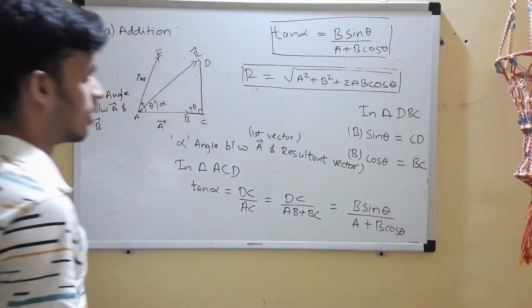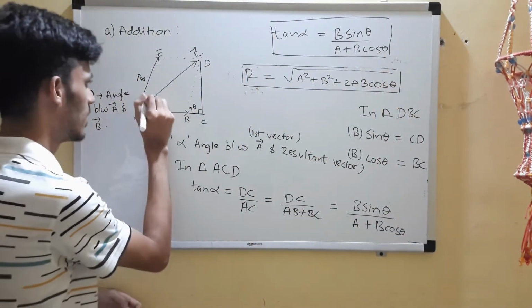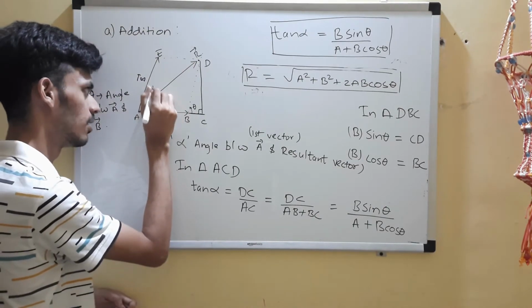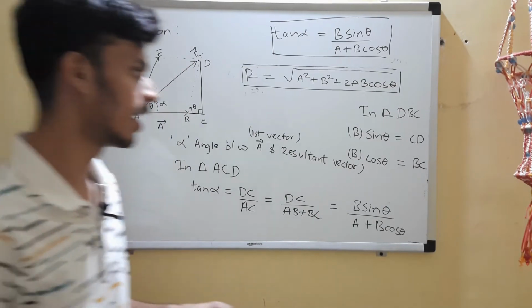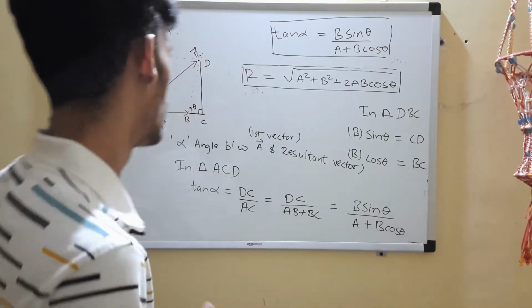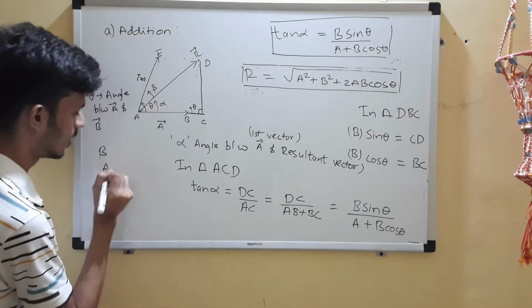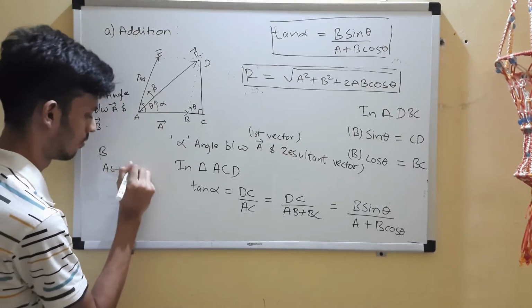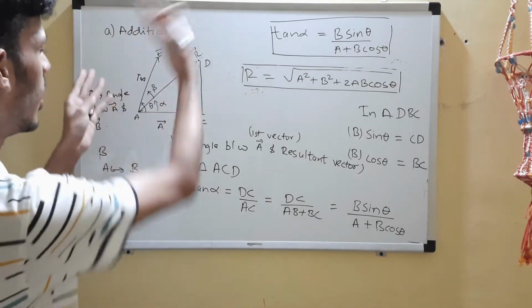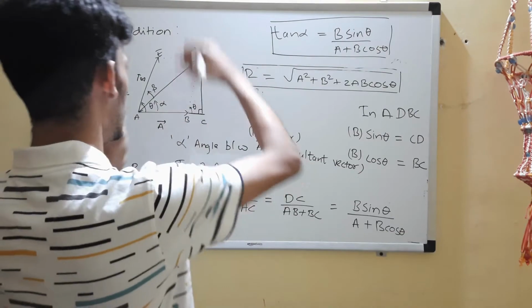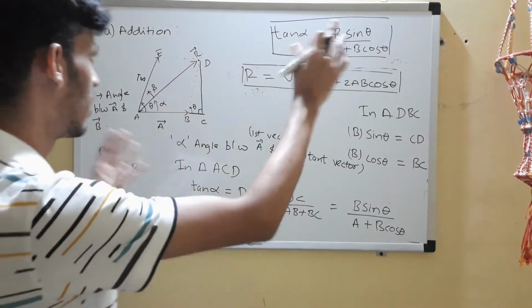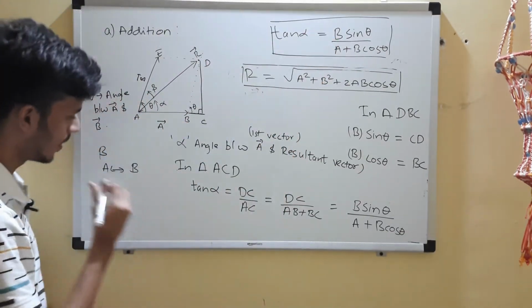Now what about the angle which it makes with the second vector? Suppose this is beta. So how to find beta? You can derive it by doing similar constructions on the other side, but the shortcut is to just replace the positions of A and B in that formula.